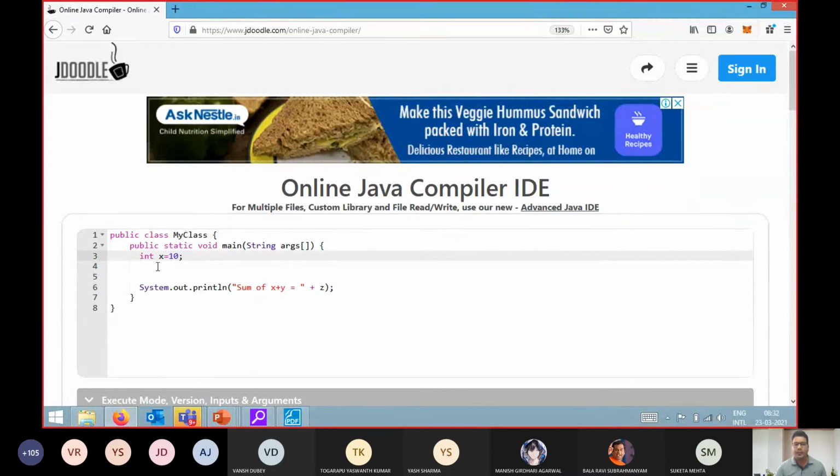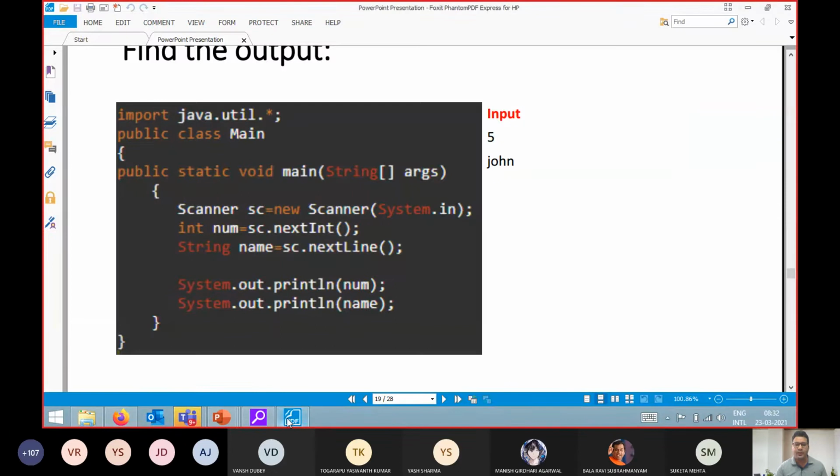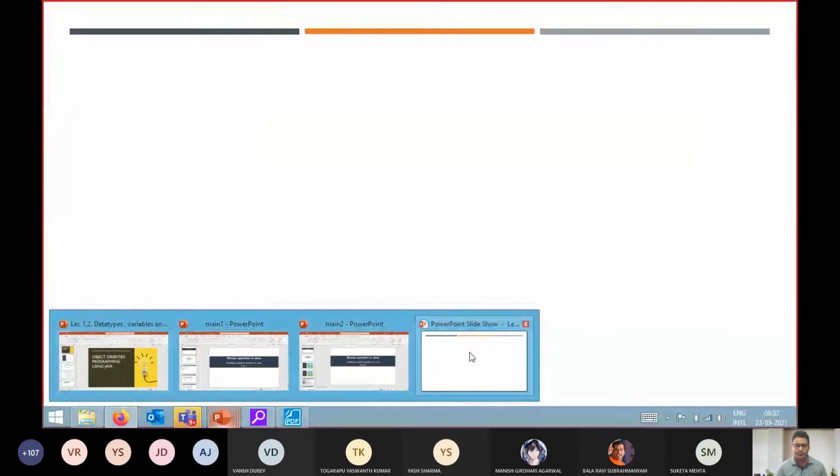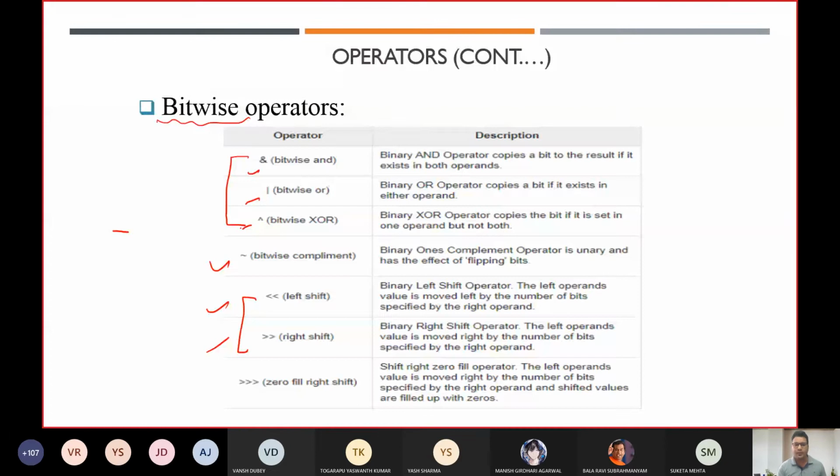You can see my number is positive 10. There is an operator known as the bitwise complement operator, so first we will study it.